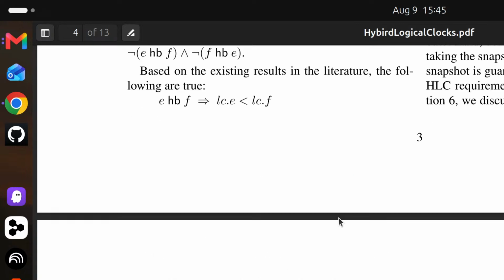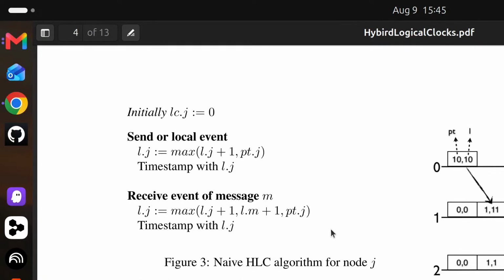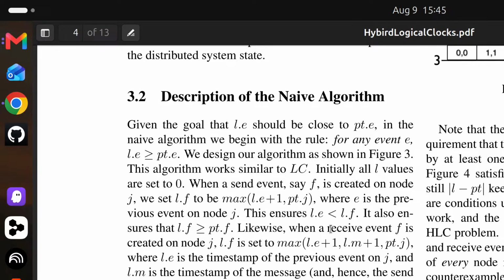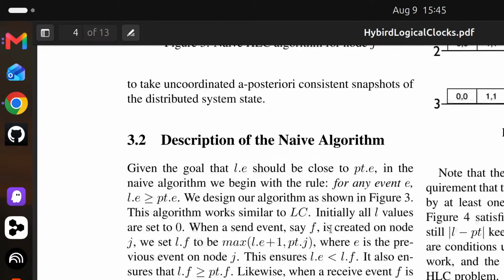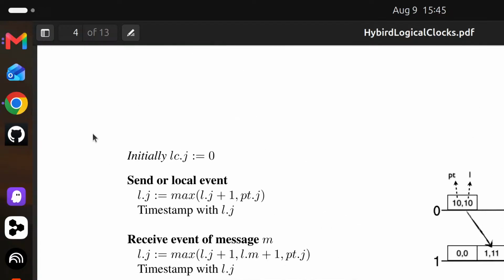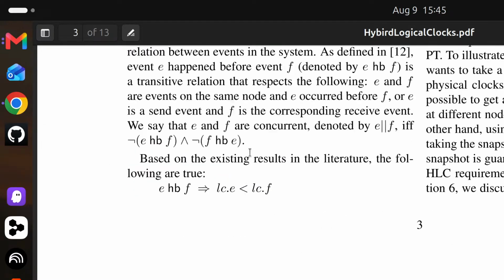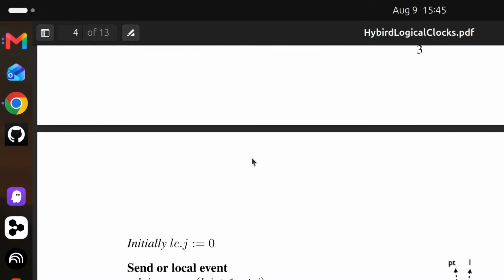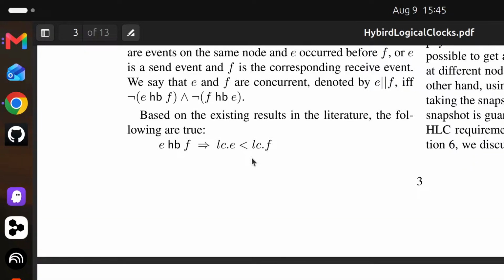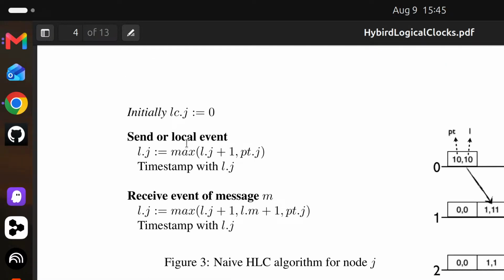So this is a naive algorithm. Initially, the logical clock of j is 0. On a send or local event, Lj is max of Lj plus 1 and the physical time of j.